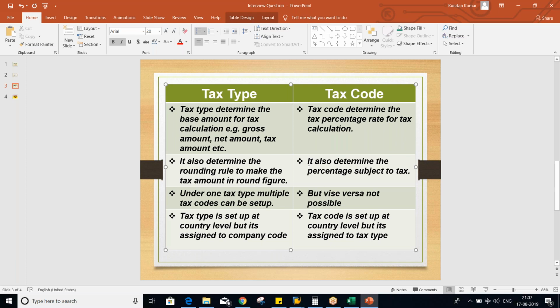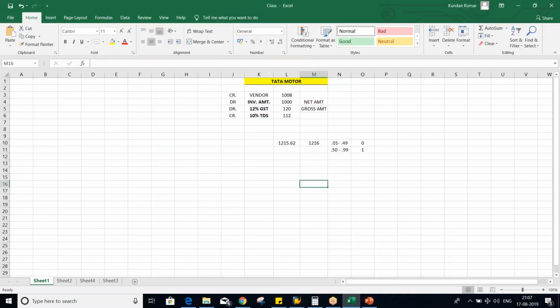Tax code determines percentage subject to tax. Okay, now what is this percentage subject to tax, guys? If you guys are able to remember, now here percentage subject to tax. Okay, let's suppose I am saying that here this 10% TDS calculations, forget about these things now, and I'm going to remove this amount also. Now I'm saying that here 10%, it means 100 rupees.